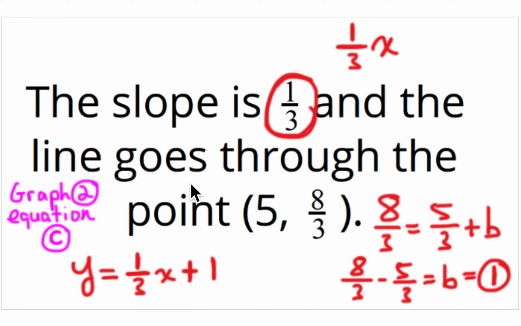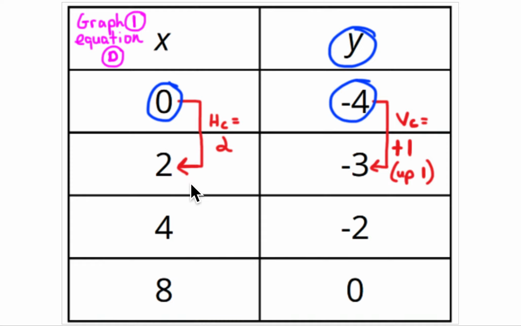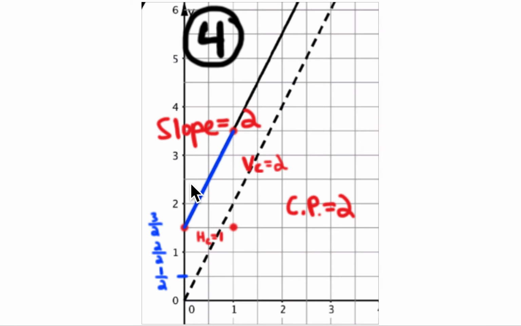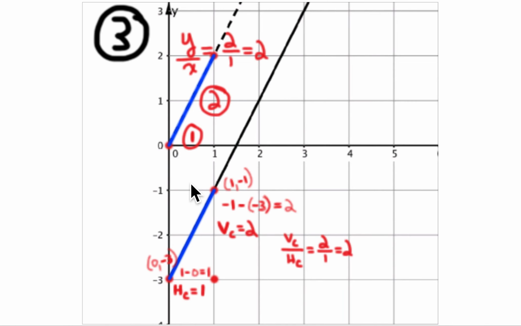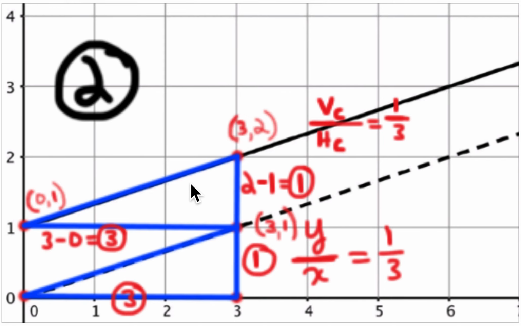And if you follow that line on graph 2, equation C, over to 5, then the y-coordinate is 8/5. That's hard to tell. This is 5/5, and this is another 3/5 to 8/5. It's hard to read that.